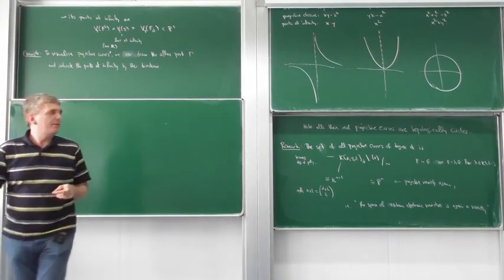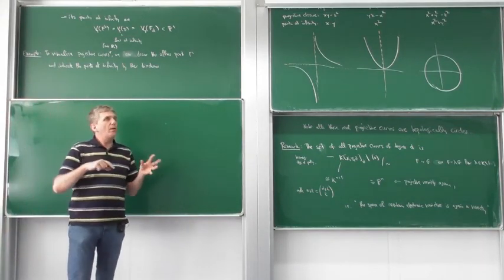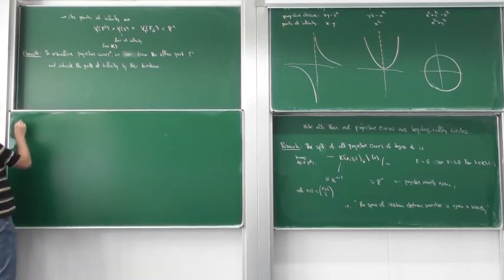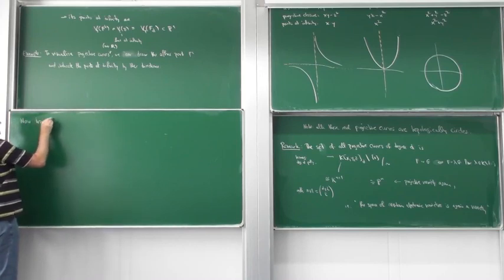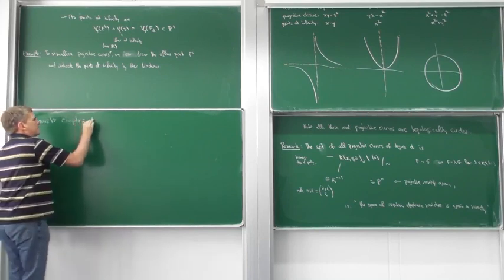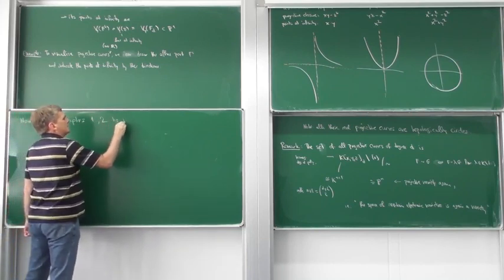But as I said, the main point for today is to carry over all the stuff from chapters 1 and 2. So now, transfer chapters 1 and 2 to projective curves.